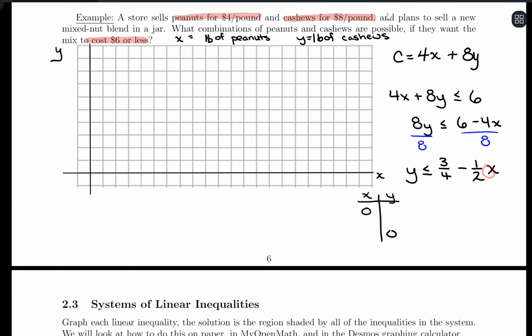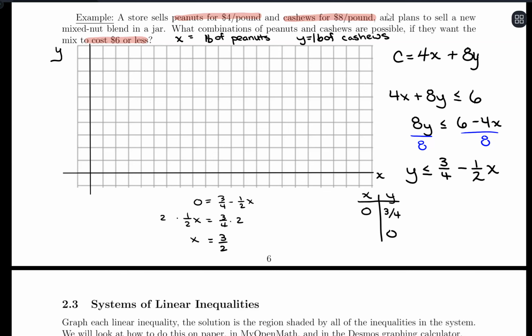If I plug in x equals 0, I get that y-intercept of 3/4. That gives me an idea of my y-axis. Then if y is equal to 0, we would have 0 equals 3/4 minus 1/2 x. That would be 1/2 x equals 3/4. Multiply both sides by 2, so x is equal to 3/2.